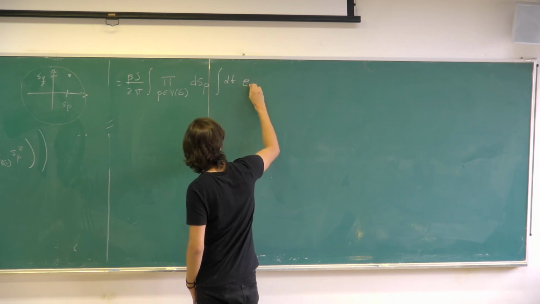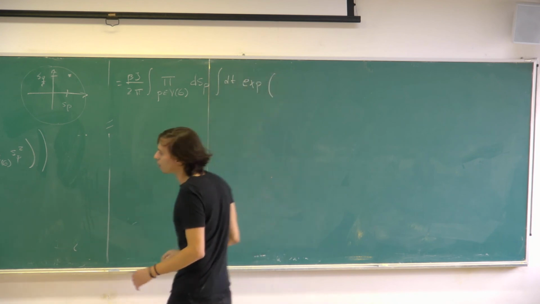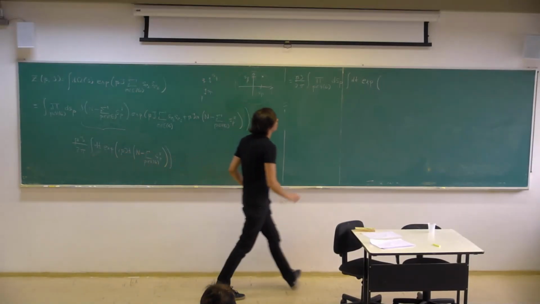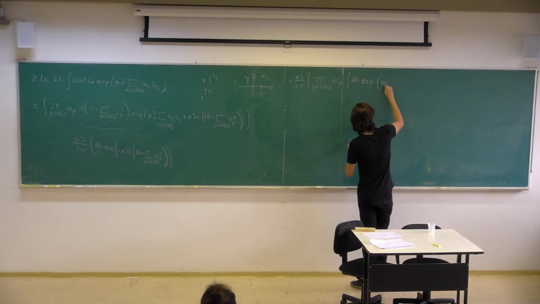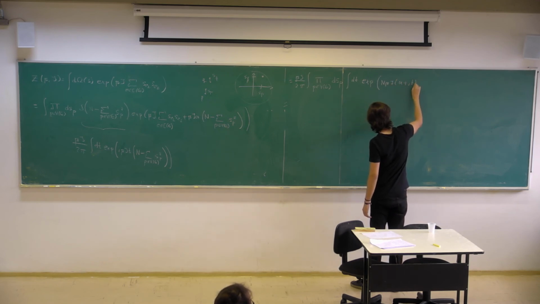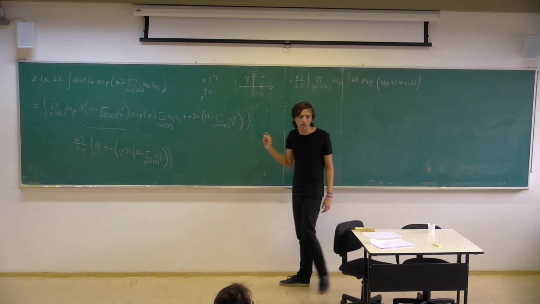Now, if I take this term and this term, I get the exponential of n times beta J times (a plus it). That's one exponential, and it does not depend on the configuration of spins.